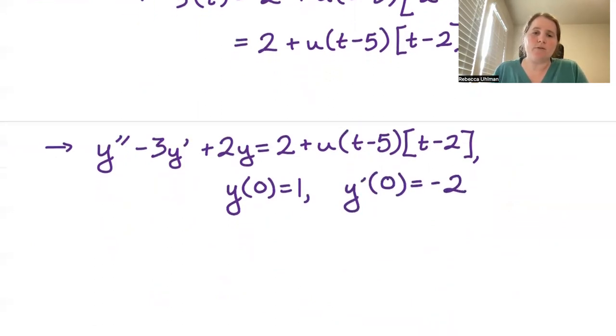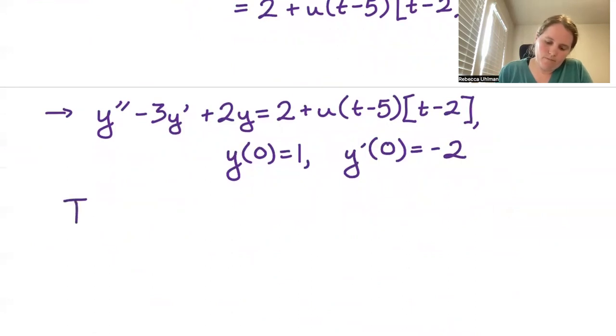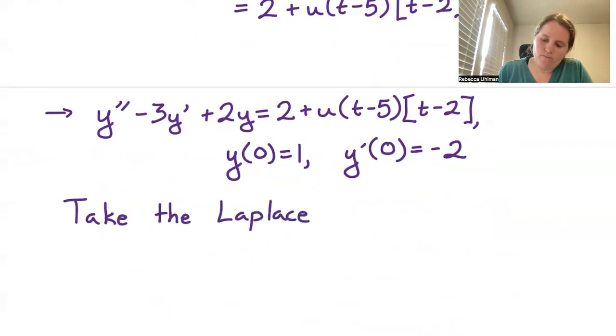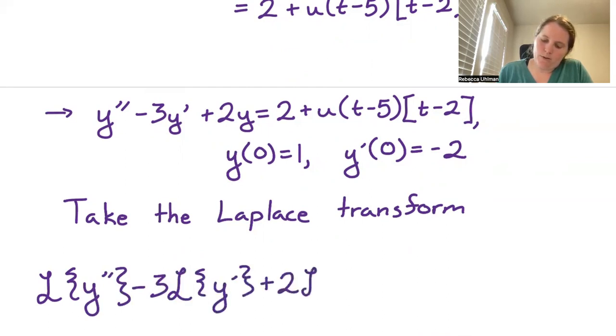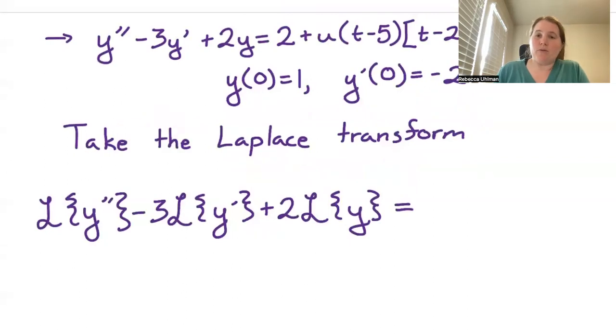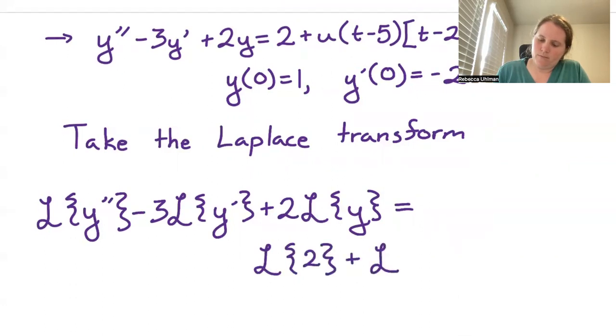So we need to take the Laplace transform. So we have the Laplace transform of y double prime minus 3 times the Laplace transform of y prime plus 2 times the Laplace transform of y is equal to the Laplace transform of 2 plus the Laplace transform of u of t minus 5 times t minus 2.